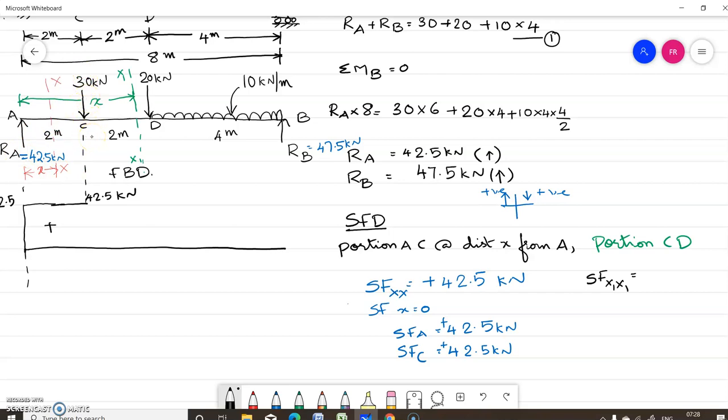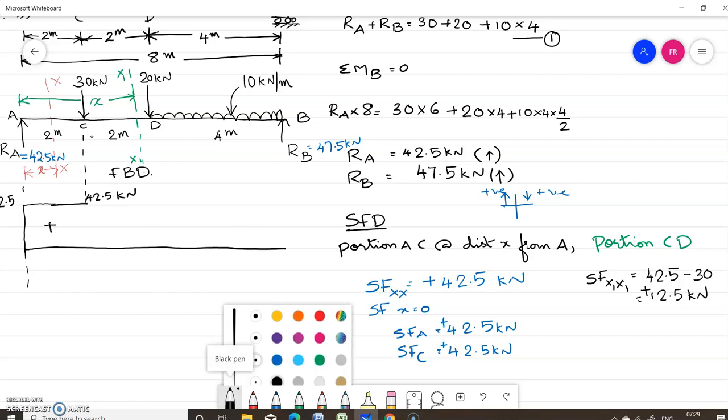So you can write the shear force for portion CD as 42.5 minus 30, which is equal to 12.5 kilonewton. It is acting downwards. So plus. Okay.